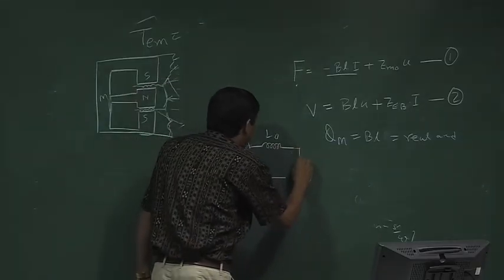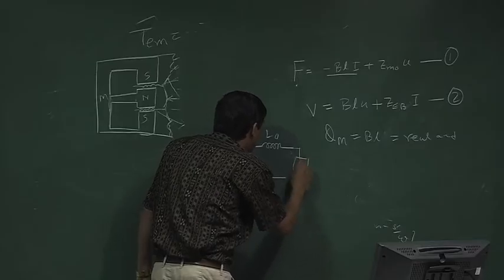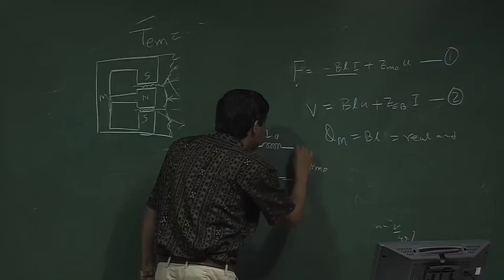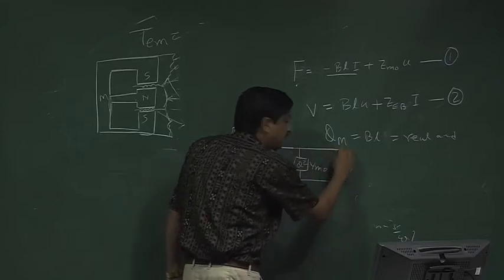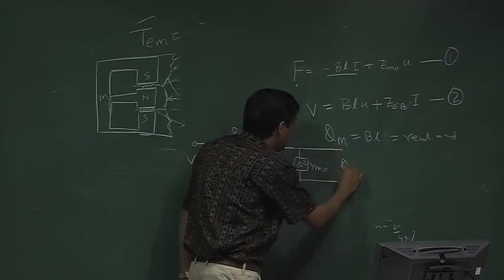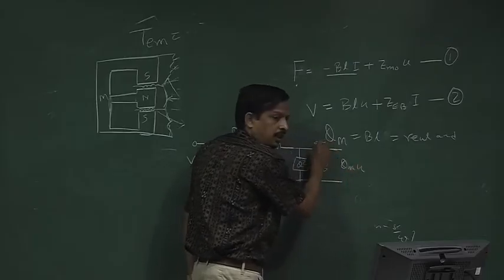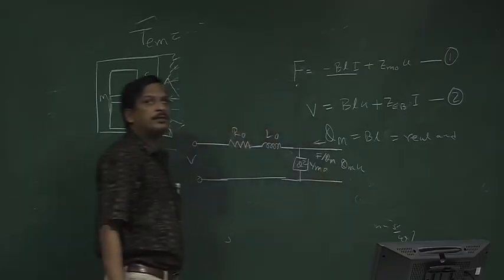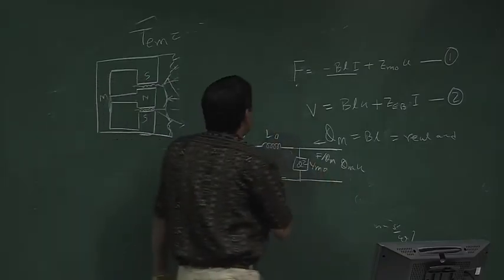Then I require a phi square YMO. Okay, and then this is phi m U and this is F by phi m.